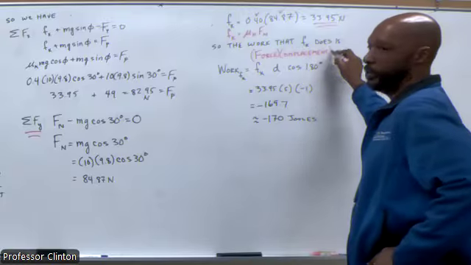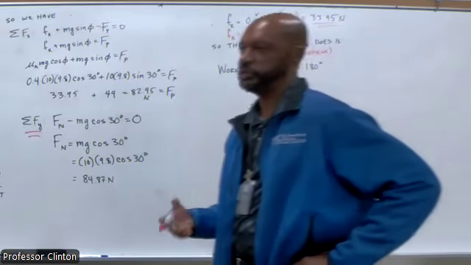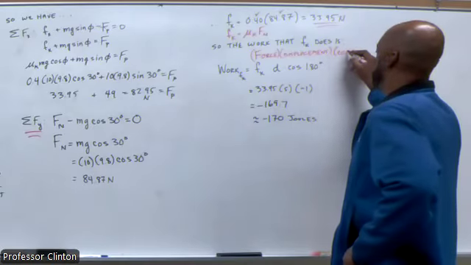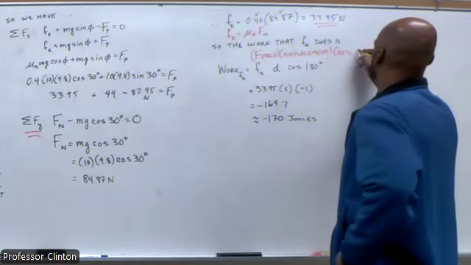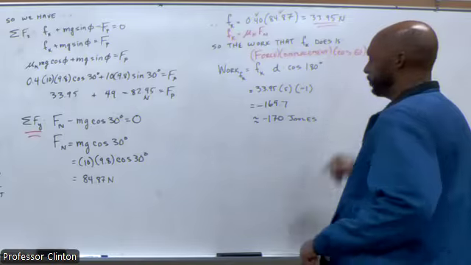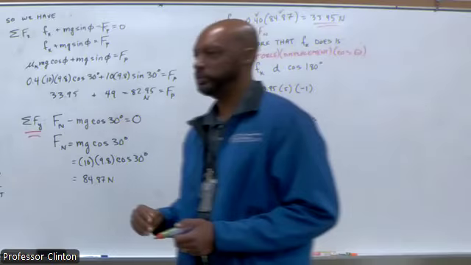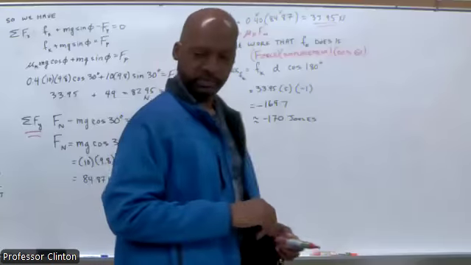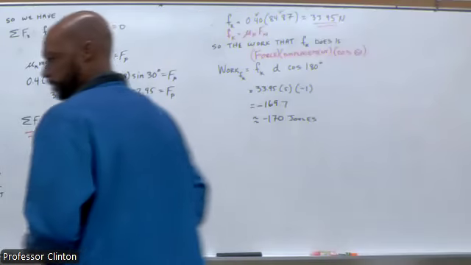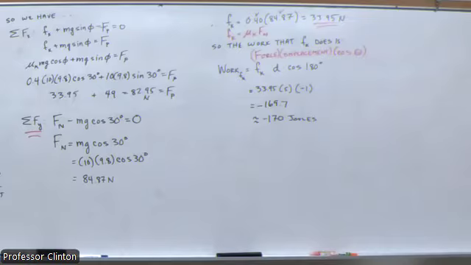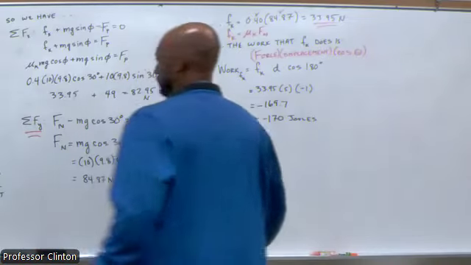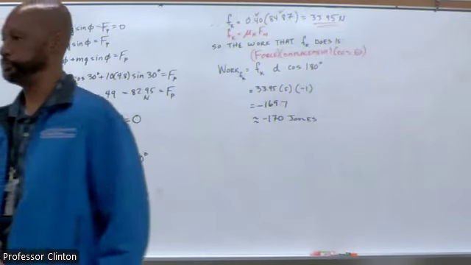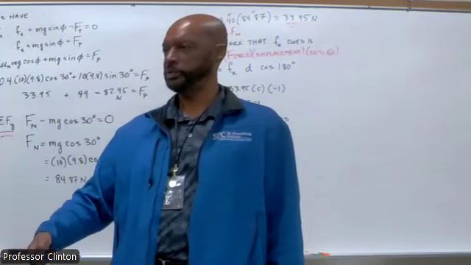And that displacement always is a positive number, so you take the absolute value of it, multiplied by the cosine of theta, where theta is the angle between the force in question and the displacement. So one more time, let's look at where everything lines up on the board here.